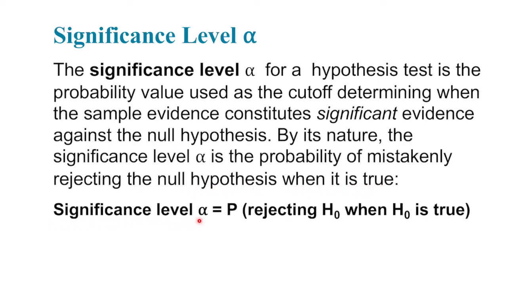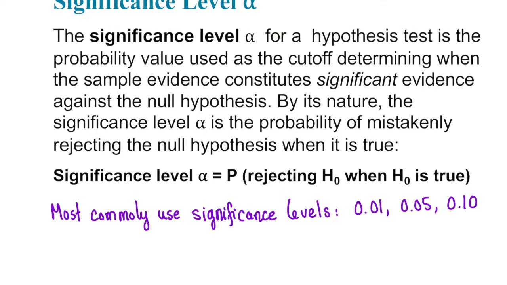Significance level alpha equals the probability of rejecting H0 when H0 is true. The most commonly used significance levels are 0.01, 0.05, and 0.10. If significance level is not given, then we always use 0.05.